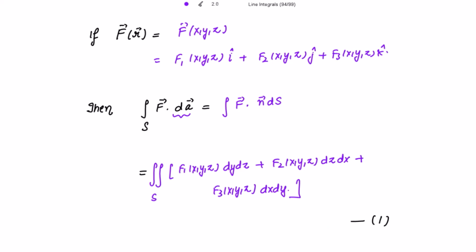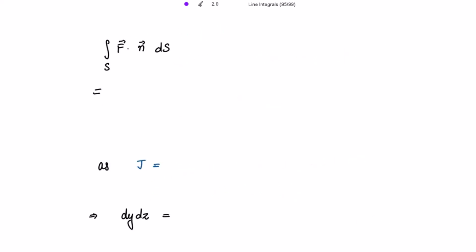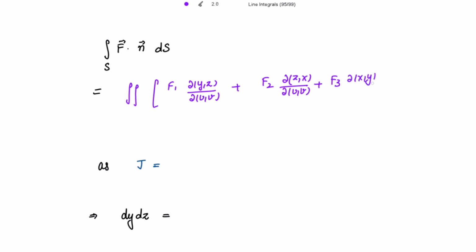Now by the rule of change of variables for integrals, this integral 1 can be rewritten as an ordinary double integral: F1 ∂(y,z)/∂(u,v) plus F2 ∂(z,x)/∂(u,v) plus F3 ∂(x,y)/∂(u,v), times du dv.